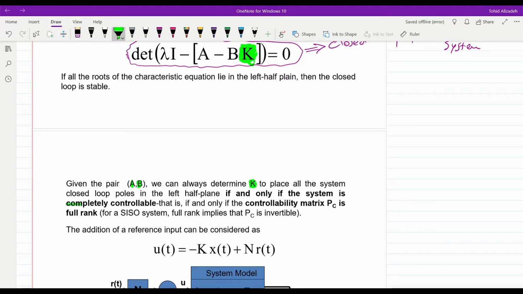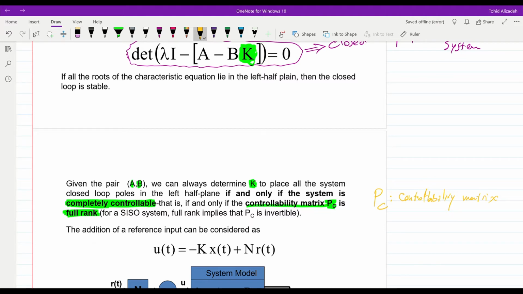So this is important. If you want to have control over the location of all closed loop poles of the system, our system should be fully controllable. And this means that the controllability matrix, PC, should be full rank. So PC is the controllability matrix. The controllability matrix should be full rank in order for us to be able to design a controller which sets the closed loop poles of the system in the desired positions.